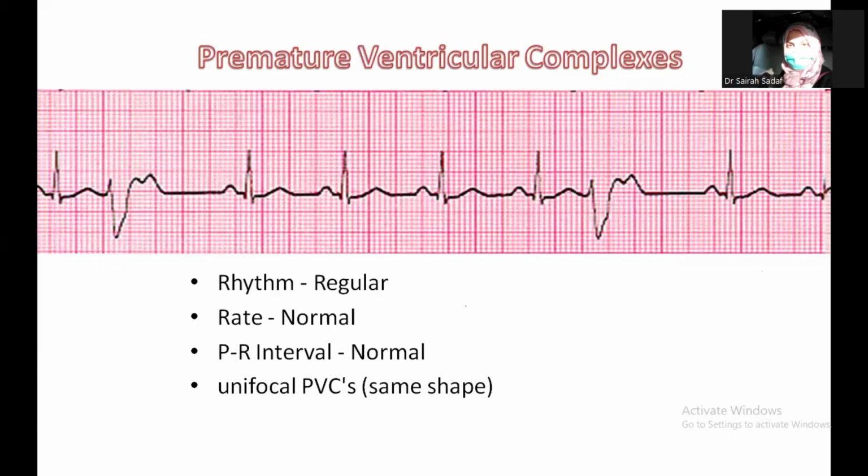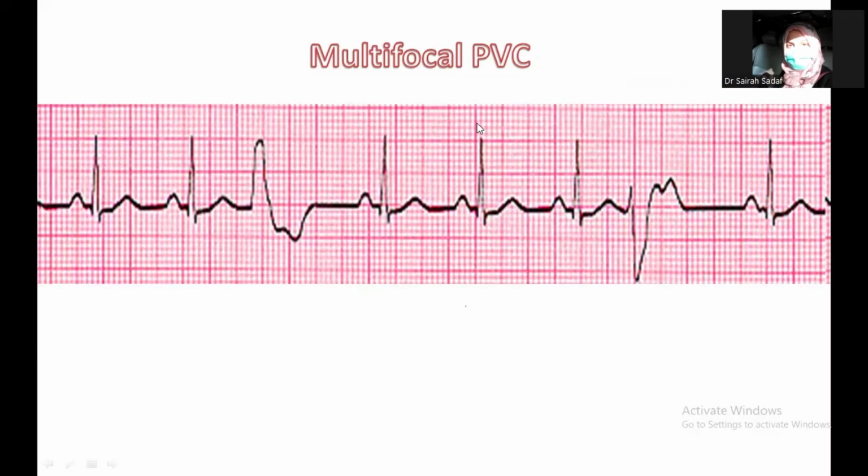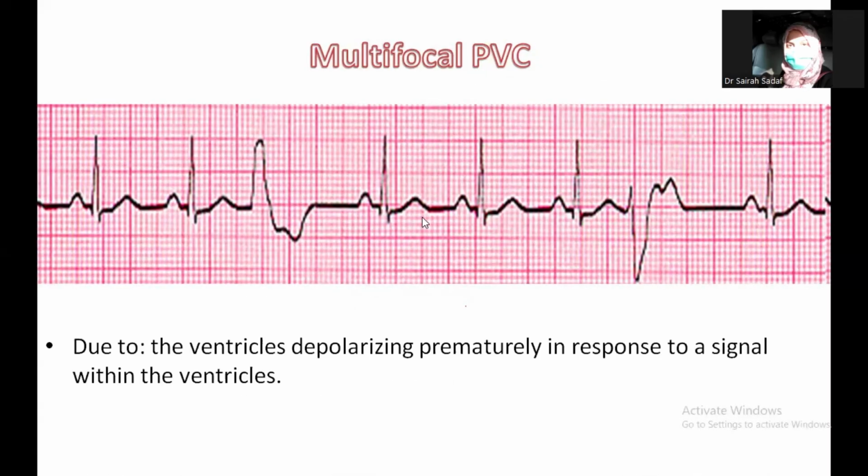So again, in case of unifocal PVC, it will be the same in shape, but distorted. As the name indicates, multifocal means the PVCs are appearing every time with a different shape. So as you can see, it has adopted this shape over here. And on this side, in the next few cycles, it will appear like this.